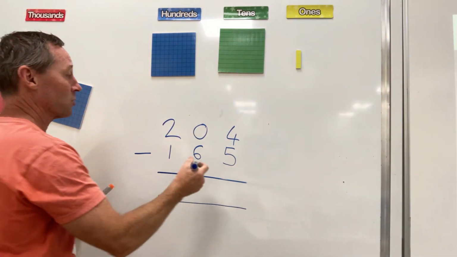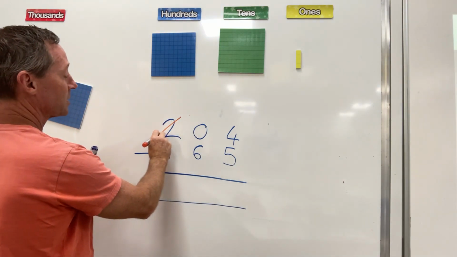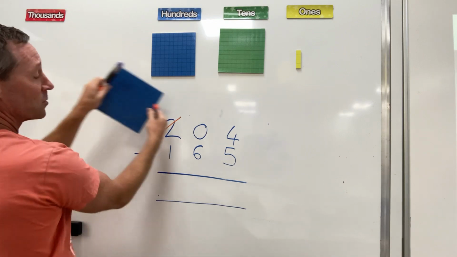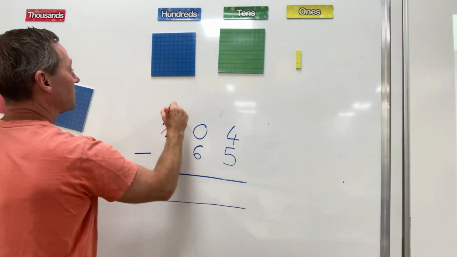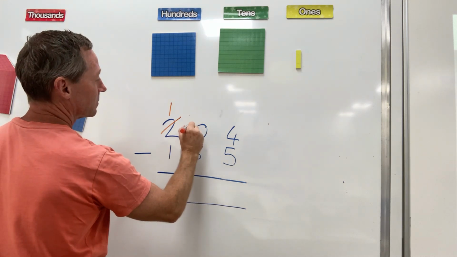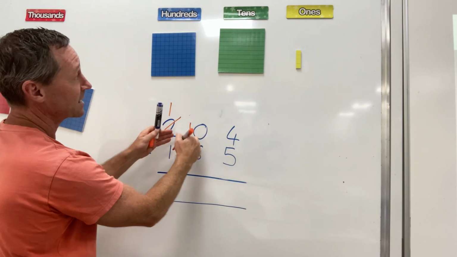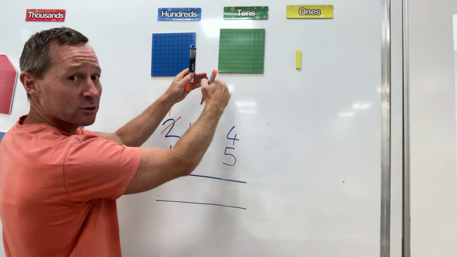So what that looks like here, I have exchanged, or I've regrouped. Take 100, this one, I exchange it, that will leave 1. Come over here, I place 1 next to that, because that's representing 10 groups of 10. 10 times 10 is 100.